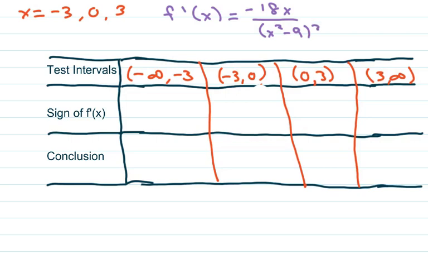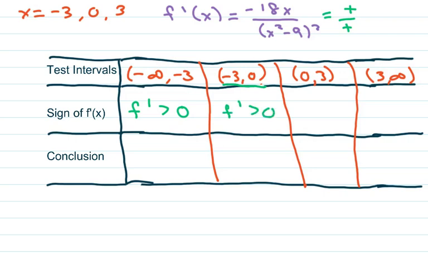So for negative numbers, if I plug in, say, negative 4, I'm going to get a positive in the numerator and a positive in the denominator. So my sign is going to be positive. For this one, if I plug in negative 2, the same thing happens, so this is positive as well.